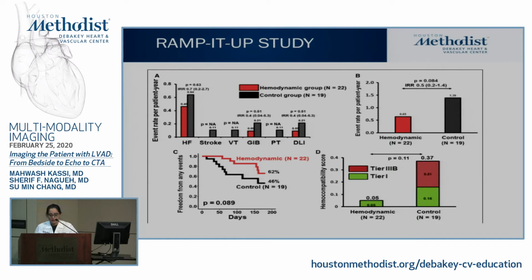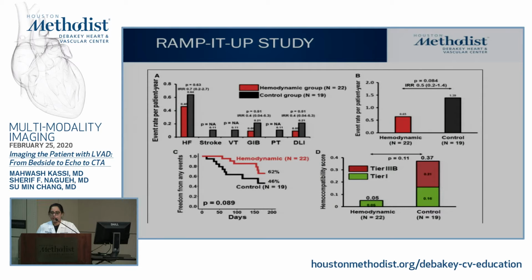The other important thing is that we now classify outcomes in LVAD in different tiers. Tier 1 is the lowest level of complication, and tier 3B is the highest level of complications, which includes pump thrombosis and disabling strokes. When they compared those, they were also different: there were a lot fewer in the hemodynamic group than in the control group.